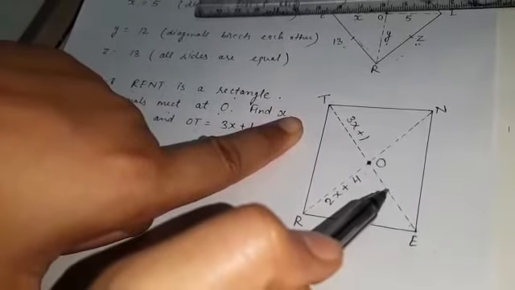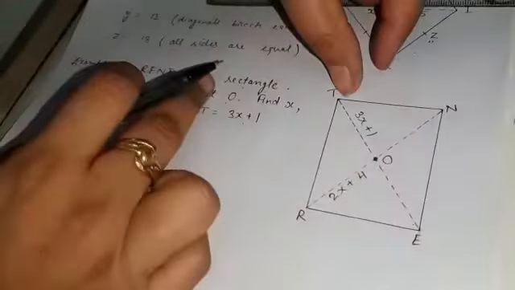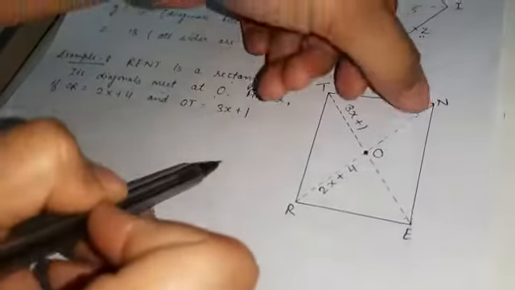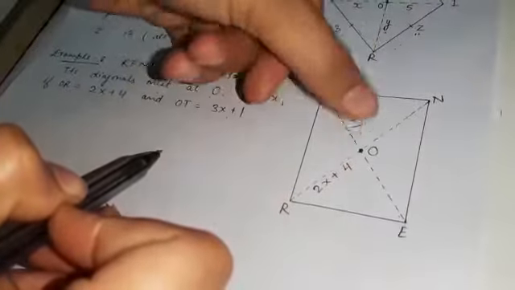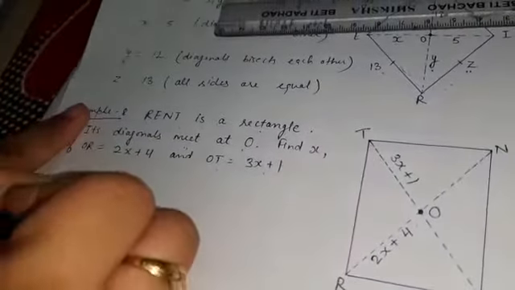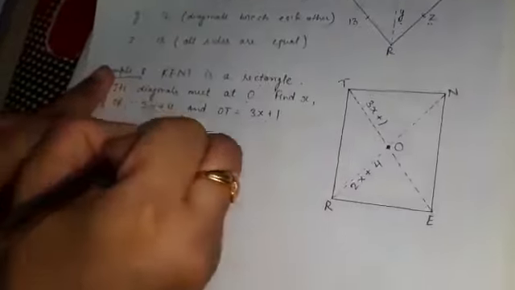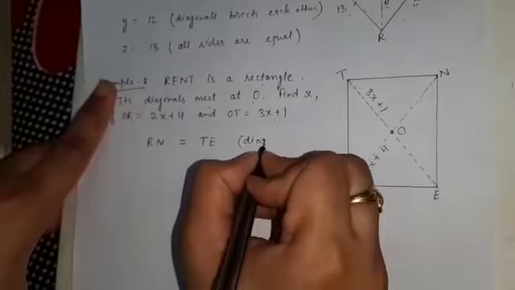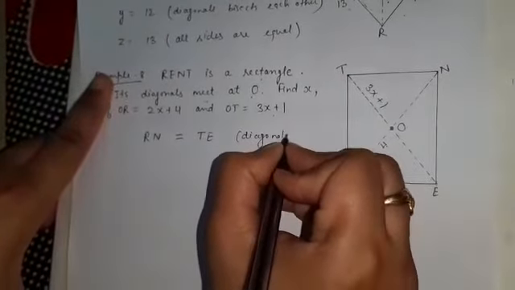So there are two properties about diagonals. TE is one of the diagonals and RN is the second diagonal, and according to the property these two diagonals are equal. That means RN is equal to TE. Diagonals in a rectangle are equal.